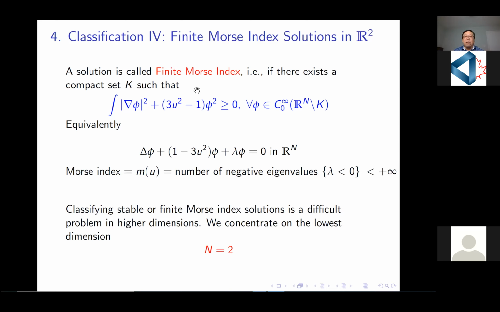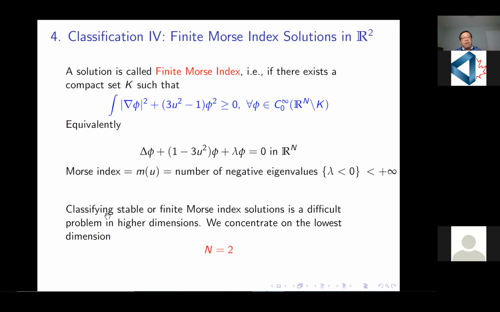The Morse index, which is the number of negative eigenvalues of the linearized operator, is finite. Mathematically, it means the solution is stable outside a compact region. These two are equivalent. You don't know anything about the solution in a compact set, but outside the compact set, your solution is stable.